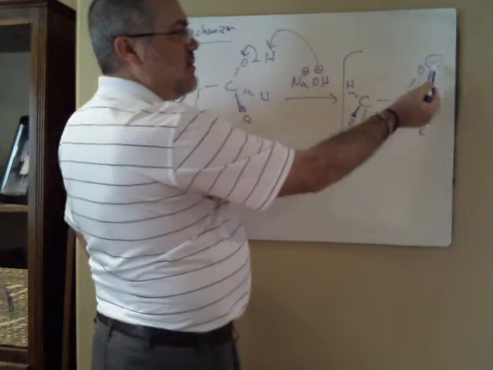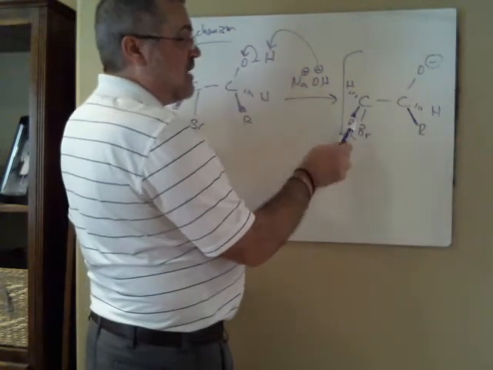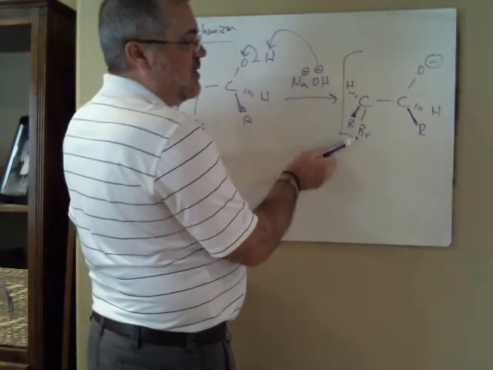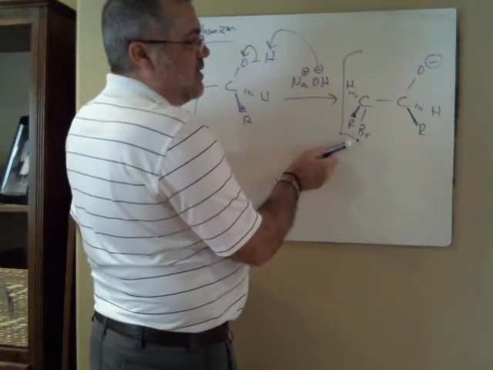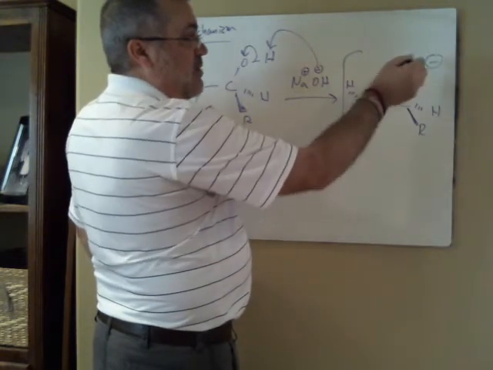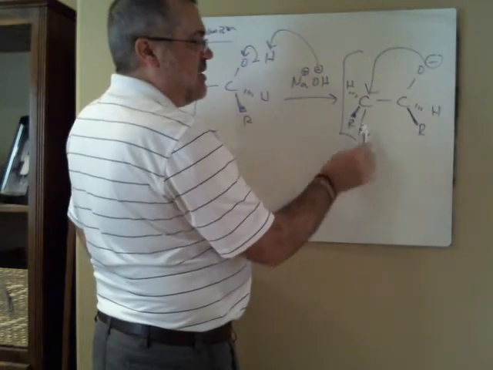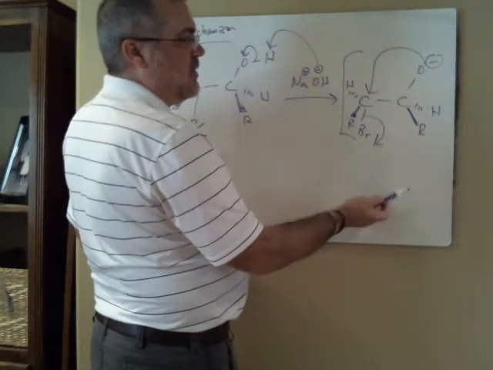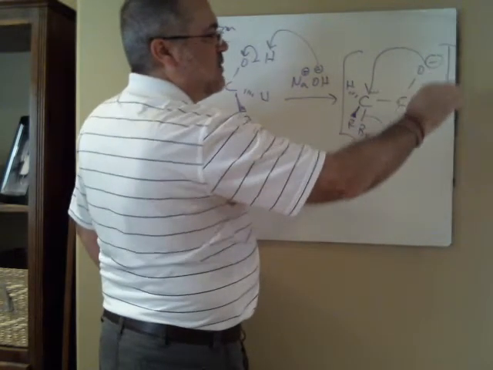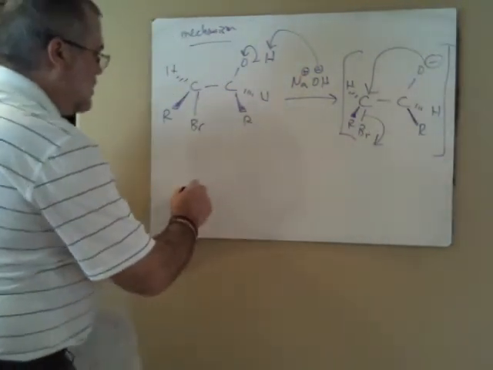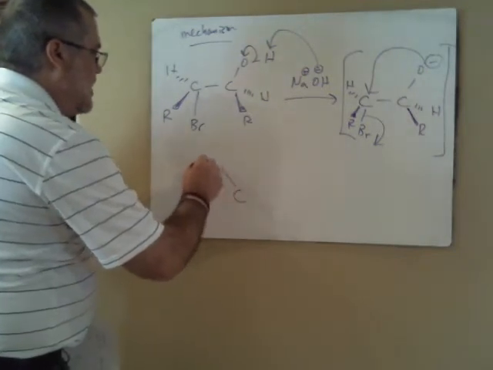Then this is my nucleophile. It reacts with the electrophilic carbon of the halohydrin, coming from the opposite side of the halide, kicking it off as the leaving group. And so the result of that is the formation of the epoxide.